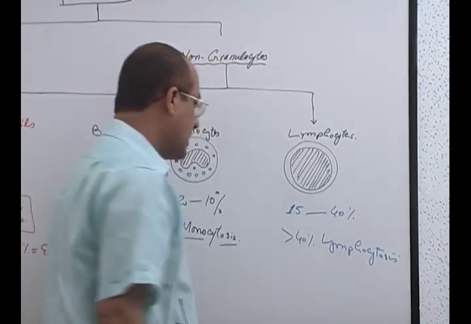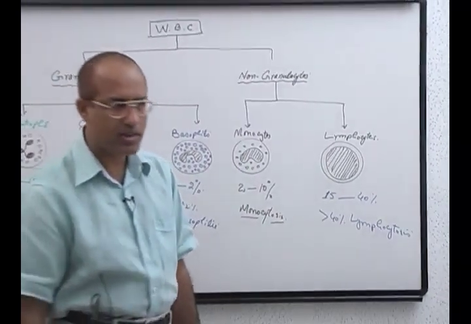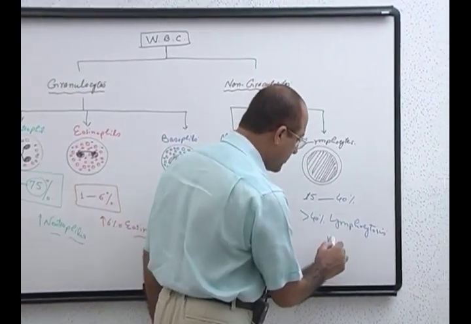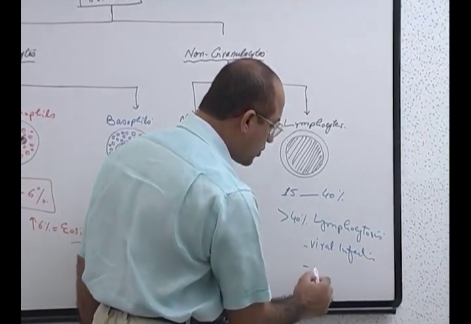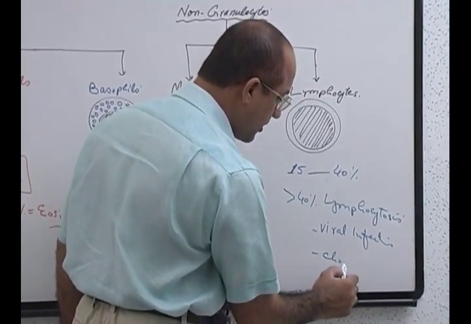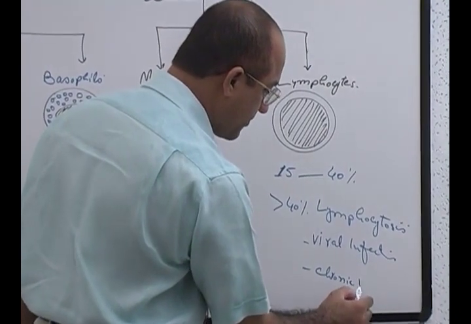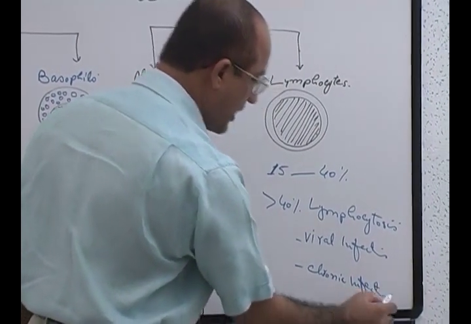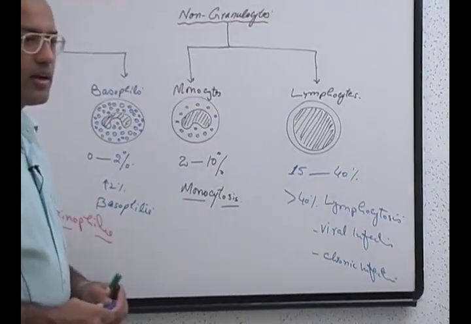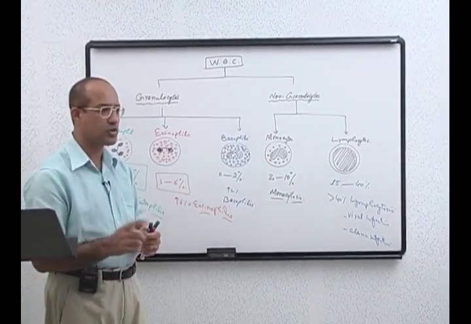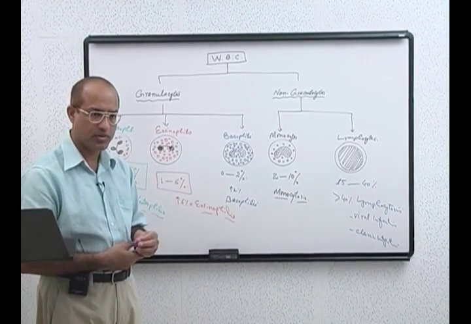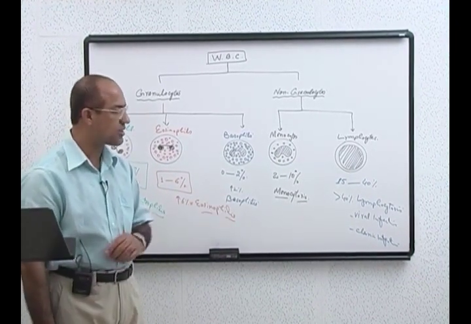Lymphocytosis is classically seen in viral infections and also in chronic infections. If there is a viral infection, regardless of whether it is acute or chronic, you will develop lymphocytosis, or in chronic infection. Now it's so easy.